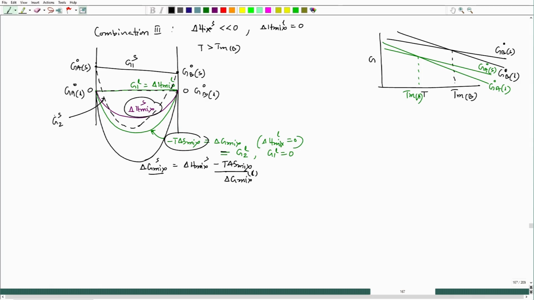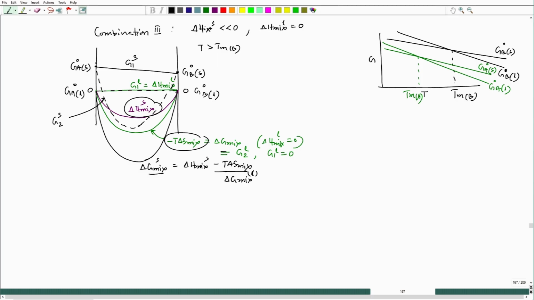And the only change is, if you see comparatively, G2 of liquid has convex downward shape, whereas G2 solid also has convex downward, but G2 of solid is much steeper compared to G2 of liquid. So, that will make a change as we go ahead, as we decrease the temperature, fine.